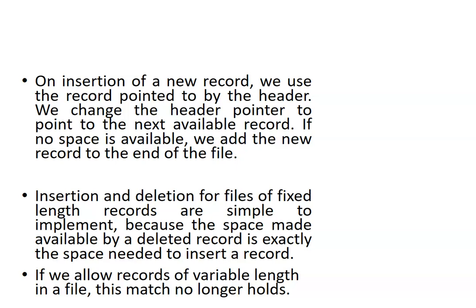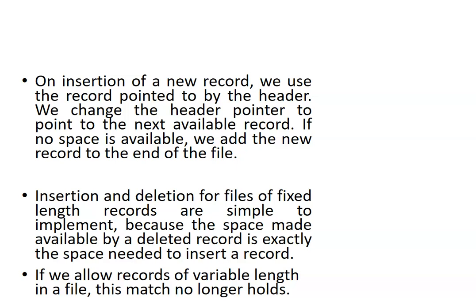So if we allow records of variable length, in other words, if you have a page that is dealing with fixed records and now you're going to allow records that have variable length, then this match may no longer hold.